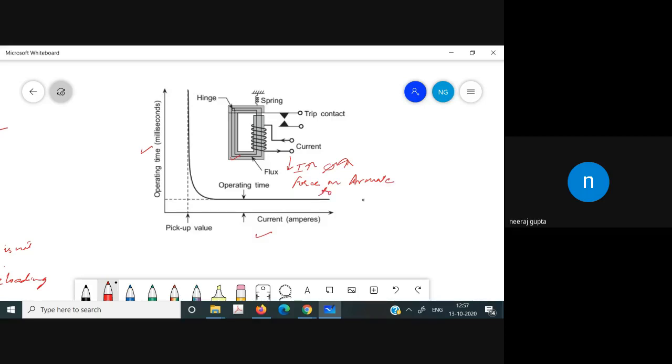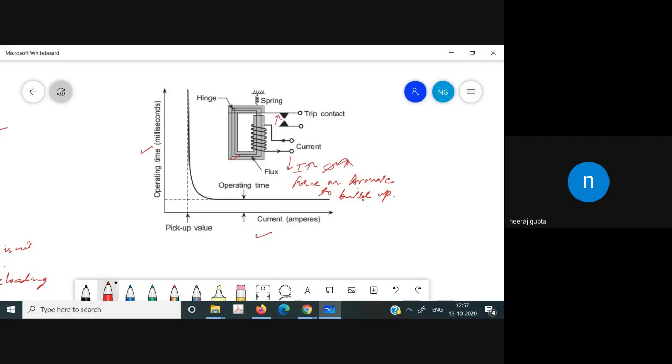Because of that force, the trip contacts will be closed. So we can say that the armature of that relay gets attracted towards the coil, and as a result, the air gap becomes smaller.